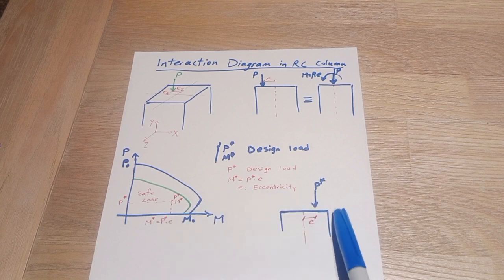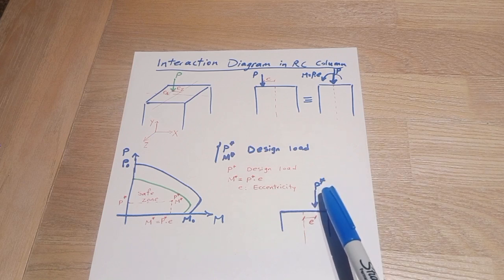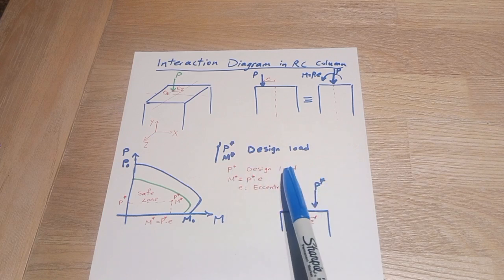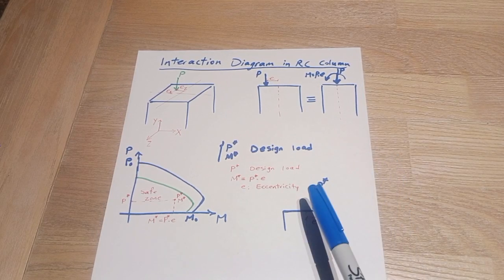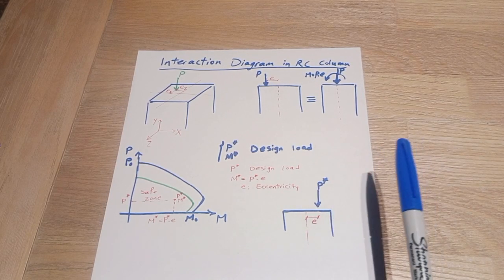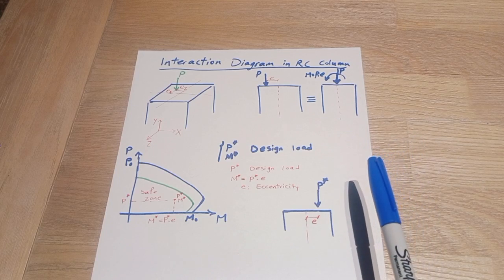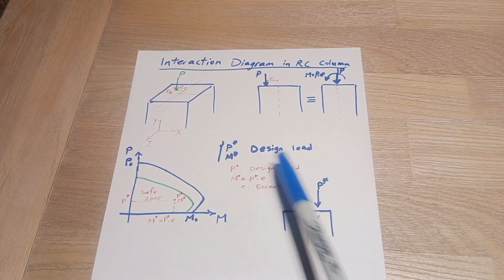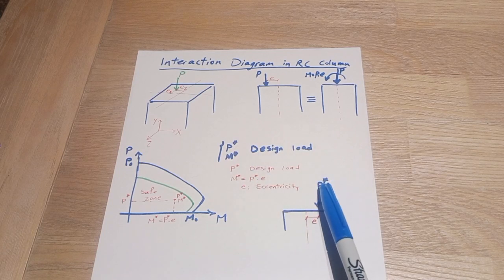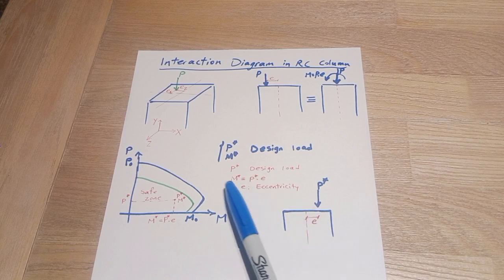If we have a section, a concrete section, that is P star, and it will be P star for design load, that is factored load, like the combination of loads like 1.2G, 1.5Q, or 1.35G, and all together, after all, we will have P star or design load with eccentricity of E that will give M star.